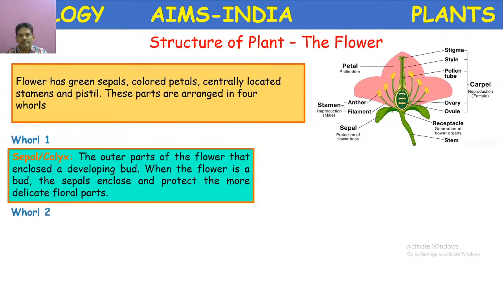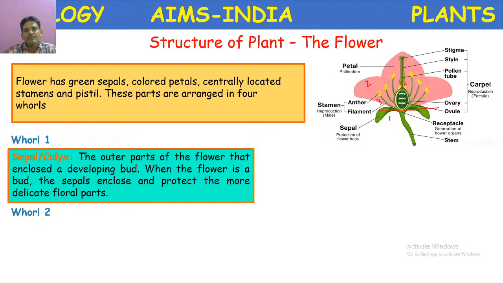So here you see in the picture, the green portion which is at the bottom is called sepals. And the colored part is called petals. And the centrally located portion is called the pistil and stamens, the female and male reproductive parts. So in total 4 whorls are arranged. The first whorl, this is the second whorl, this is the third whorl, and this is the fourth whorl.